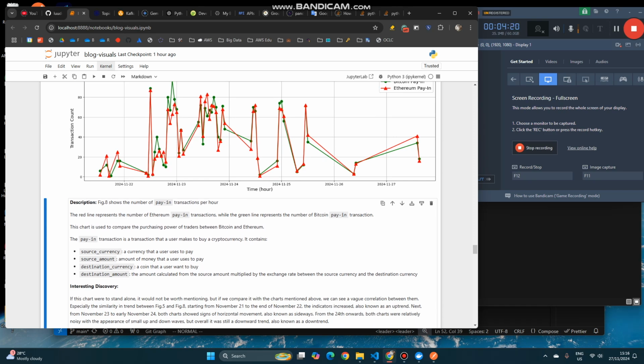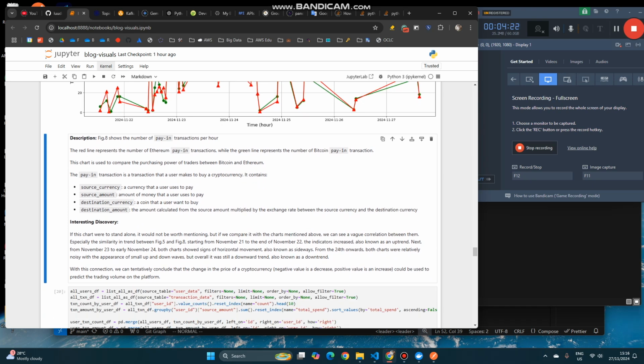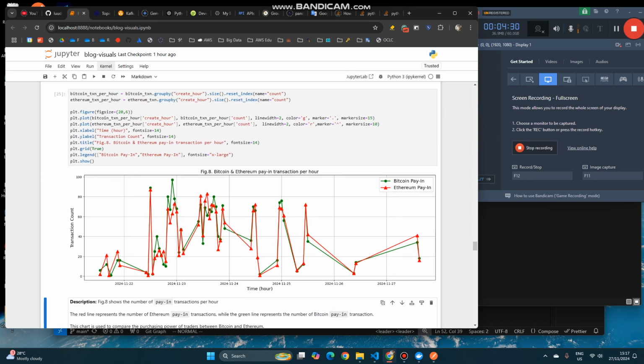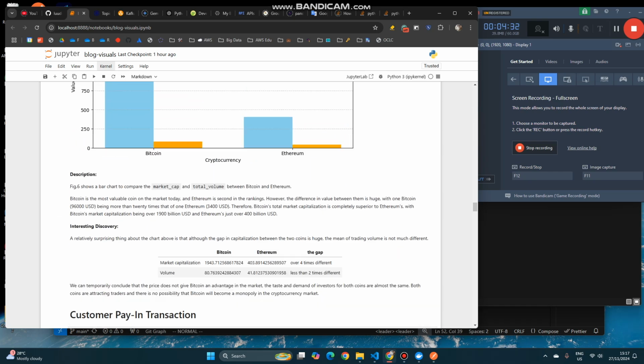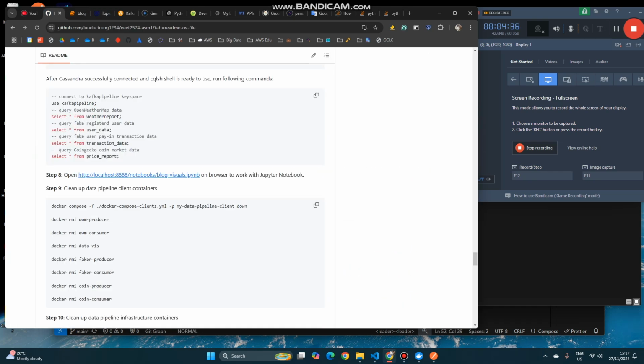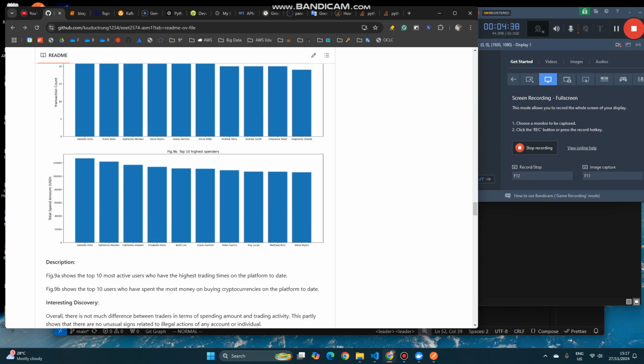And what's interesting that I found here is that I found that the chart number 4 and the chart number 5 have the same behavior. Okay, let me show you this one.